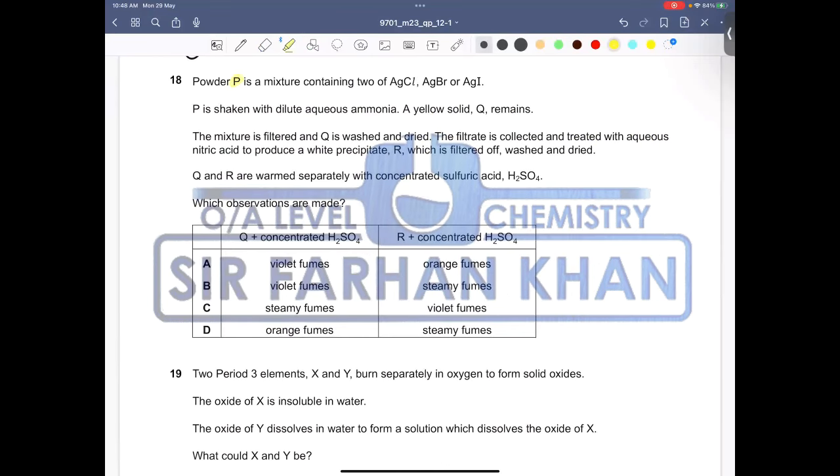Powder P is a mixture containing AgCl, AgBr or AgI. P is shaken with dilute aqueous ammonia. A yellow solid Q remains, and that yellow solid is basically AgI. So Q is basically AgI.